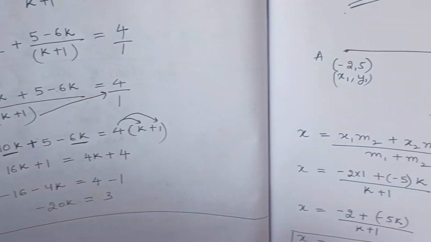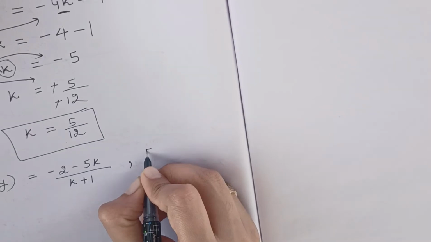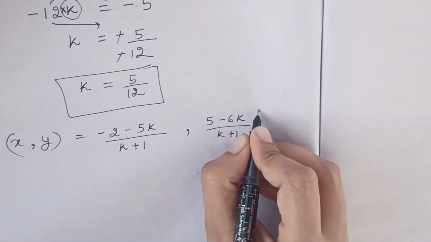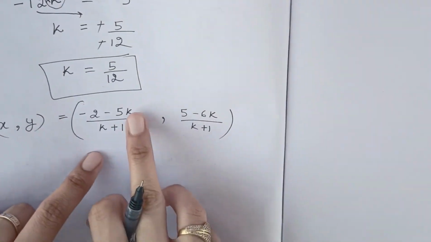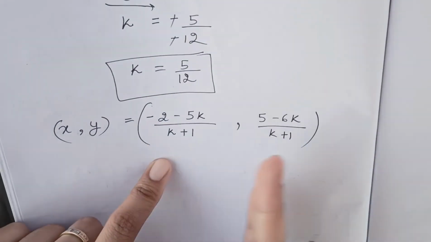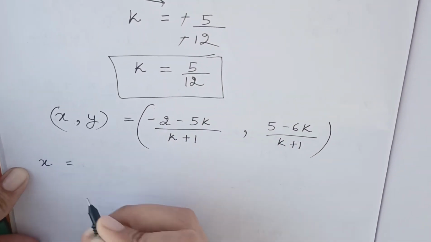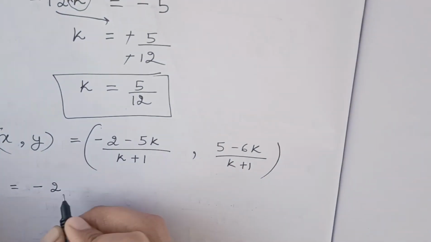And y's value: 5 minus 6k upon k plus 1. We already found the values of x and y, but they were in terms of k. Now separately we'll substitute the value of k and simplify.